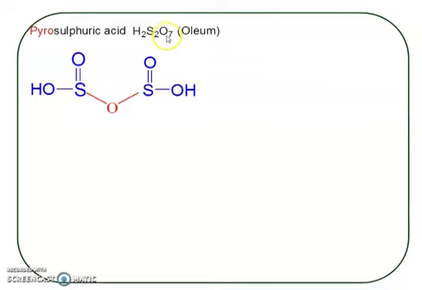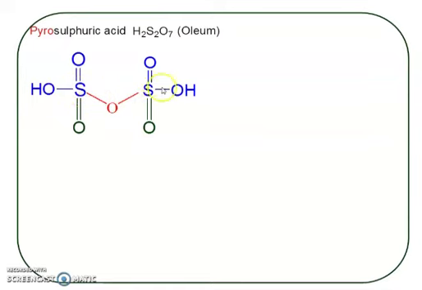Now we only need to draw 2 oxygen atoms, and these 2 oxygen atoms are attached to the 2 sulfur atoms through double bonds. Now count the total bonds for each sulfur. For the first sulfur there are 2 double bonds, meaning 4 bonds, and there are 2 single bonds, that is 6 bonds.